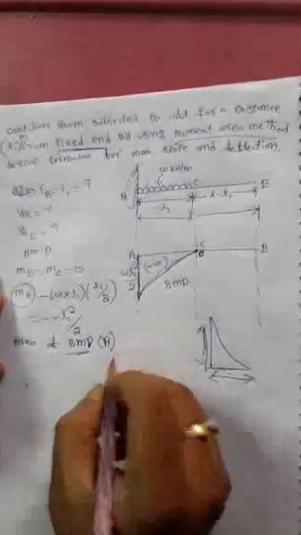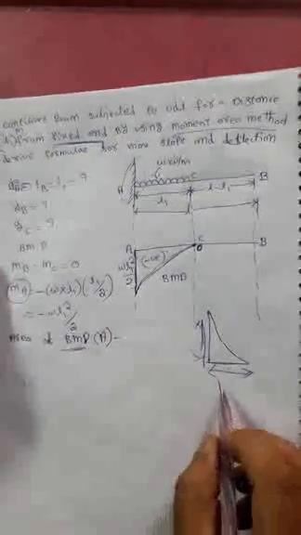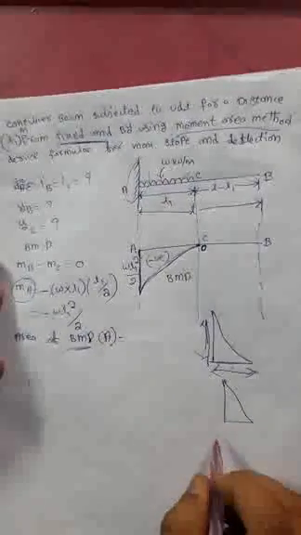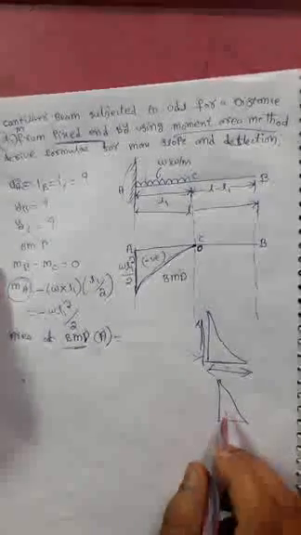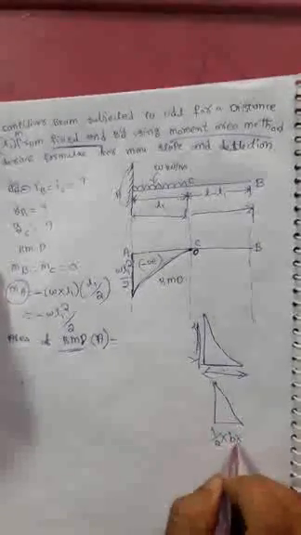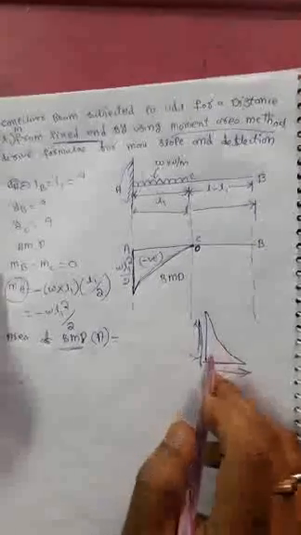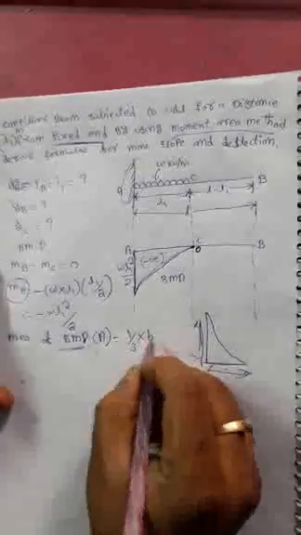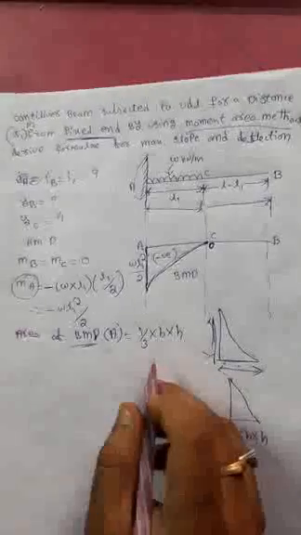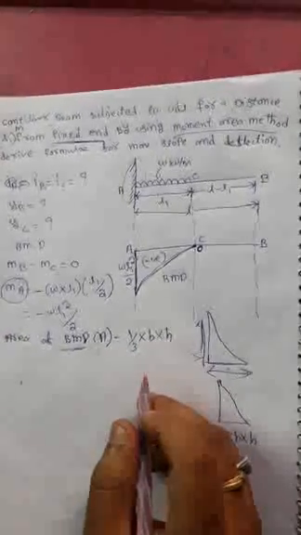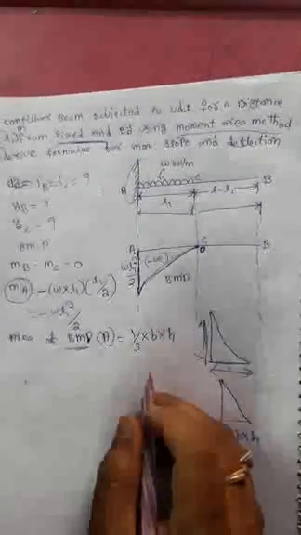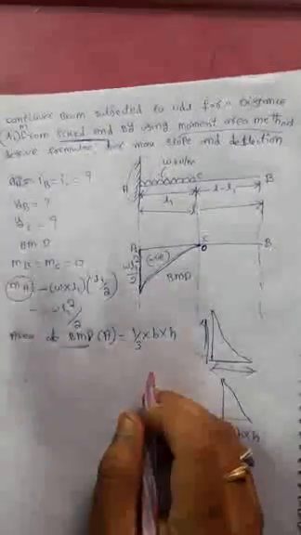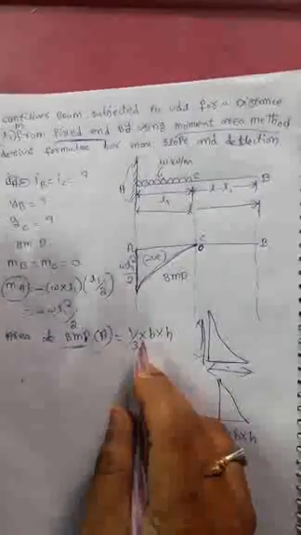The area is denoted by the letter A. In the case of a triangle, the area formula is half into B into H, but for this parabolic shape the formula is 1 by 3 into B into H, like we discussed in yesterday's class. So the formula used for area is 1 by 3 into B into H.